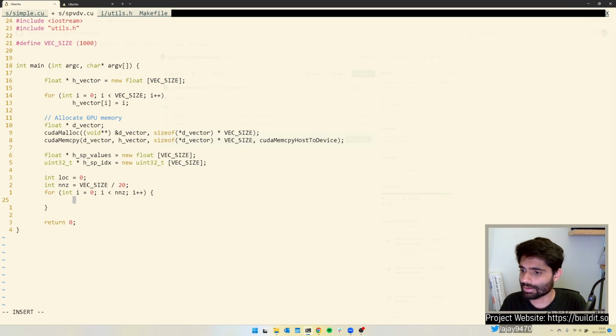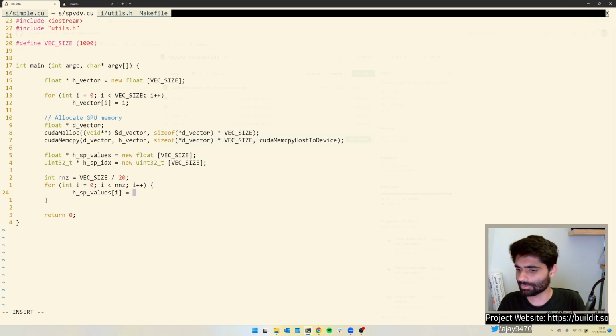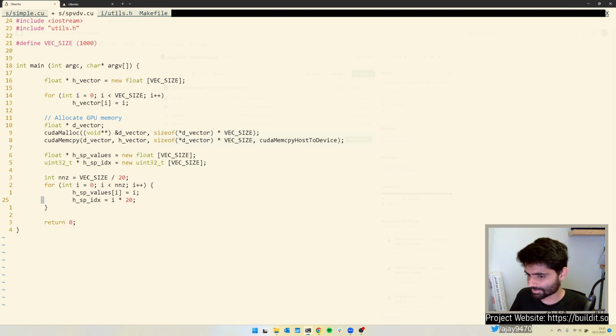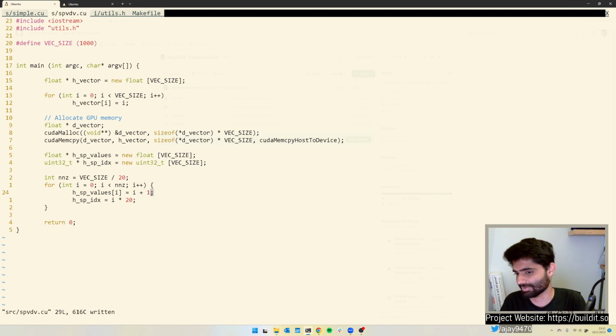So h underscore sp underscore values of i equals i plus one, so we don't actually make it zero, and h underscore sp underscore idx of i equals i times 20. So every 20th element, we are storing a value at that element.